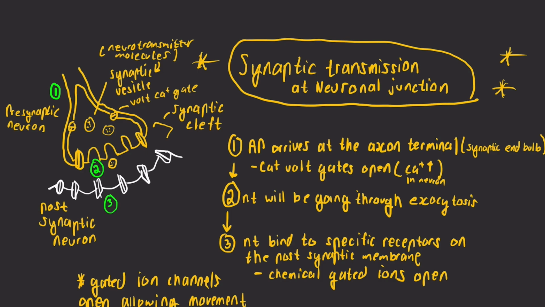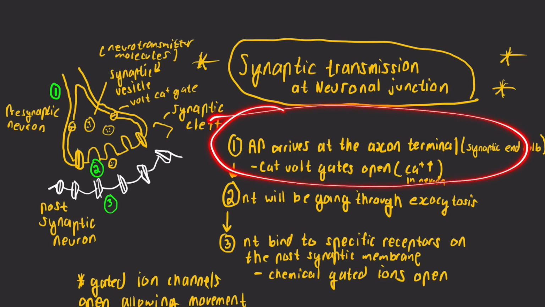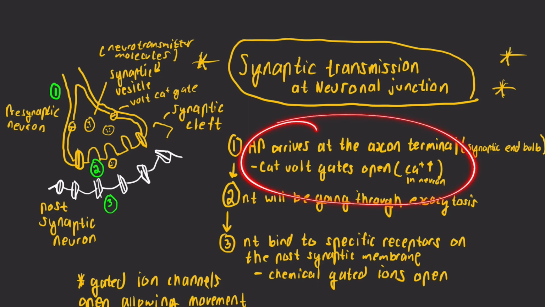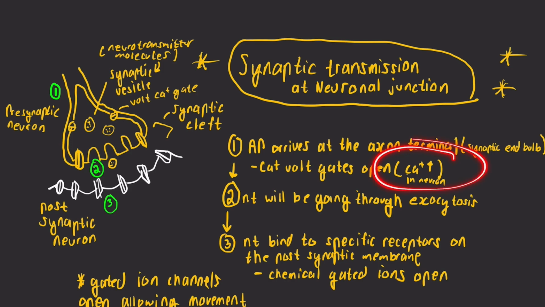As it reaches the very end of that neuron, the calcium voltage gated channels will open. Remember, there is higher calcium on the outside rather than the inside of the neuron. Those gates will open, causing an increase of calcium within the neuron.